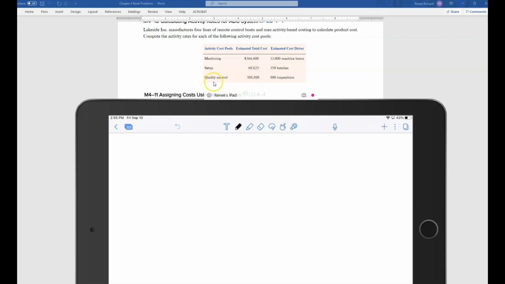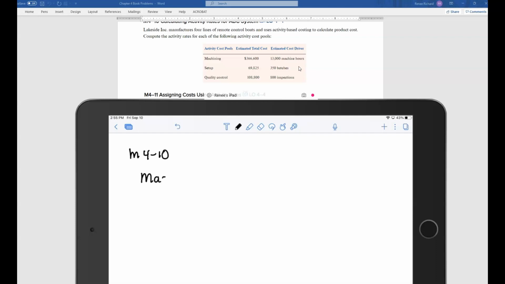We've taken all the overhead costs related to quality control, added them together, and come up with $108,800. We're saying that those costs are driven by the number of inspections we do. So we have 3 different overhead costs with 3 different drivers. So we're asked to compute the activity rates for each of those.